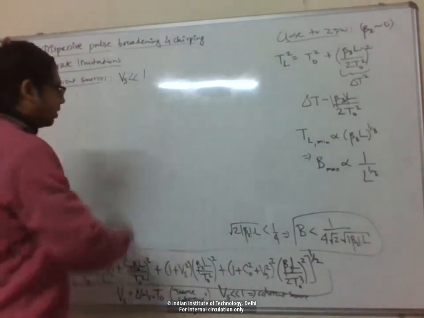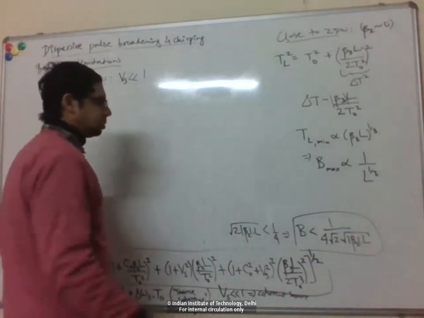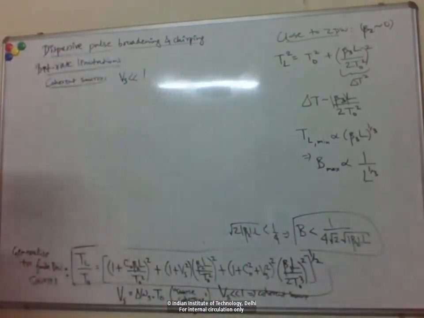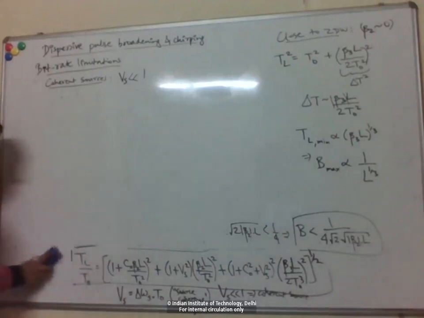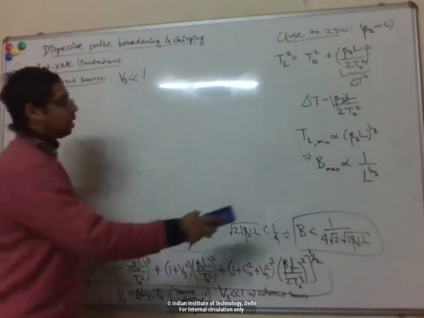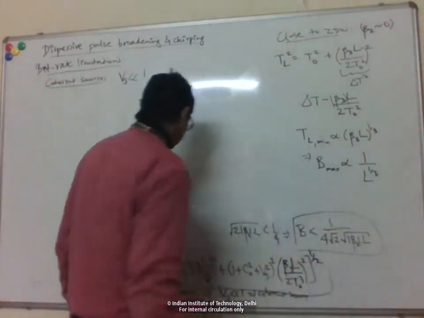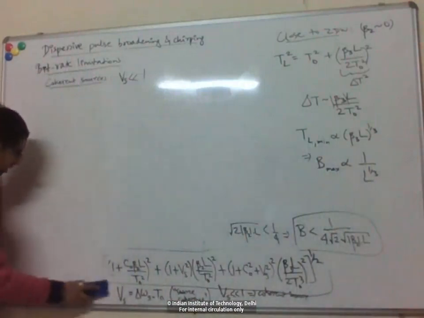And with coherent sources, if you're away from zero dispersion, then your bandwidth scales inversely with the square root of the length. And if with coherent sources you go to zero dispersion, then you get the best case scenario where the bandwidth scales inversely with the cube root of the length.